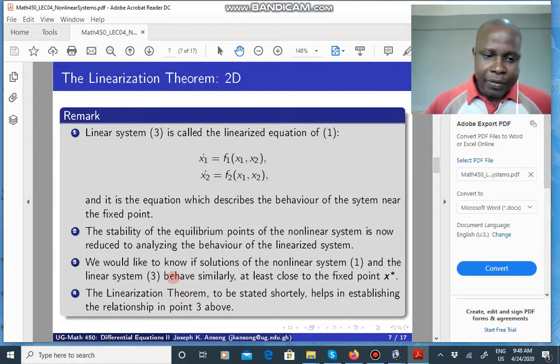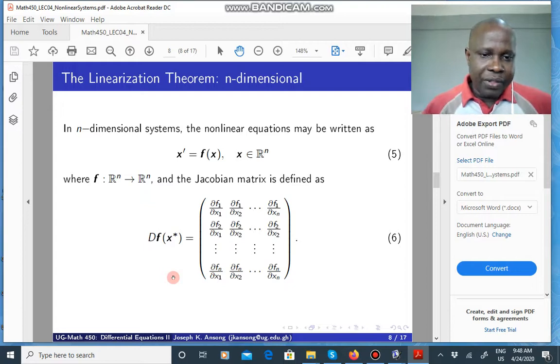Okay, so we'll state it. Before we state it, you can also extend this approach into a system with n dimensions. Okay, and the Jacobian matrix becomes this, just a bigger matrix. So it's the same thing.